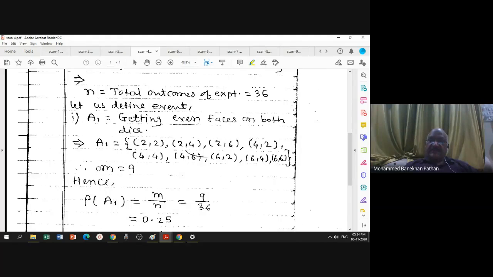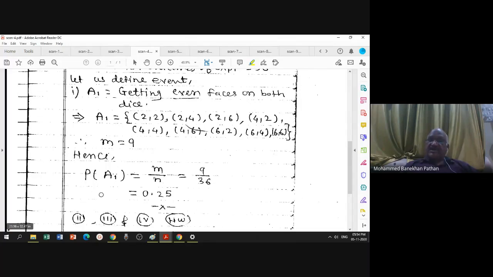If possible, write the elements of that event. Otherwise, get the favorable outcomes for that event. It is step number 3. And step number 4, use the classical definition formula, favorable outcome divided by total outcome. So any problem of classical probability can be solved by using 4 steps.